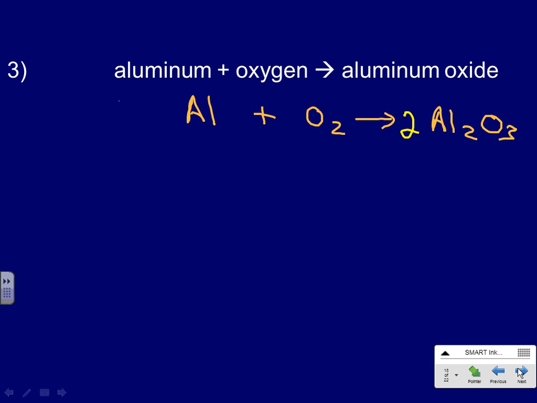Yeah, Wilson, what do you got? 3, because there's that common factor of 6. Put the 2 on the one and the 3 on the other, which gives you the common factor of 6. That happens quite a bit. Now, what do I need to finish this? Shane? 4 in front of the aluminum.